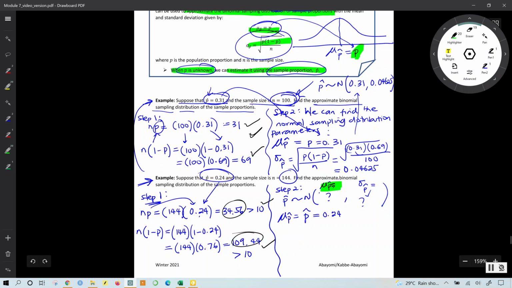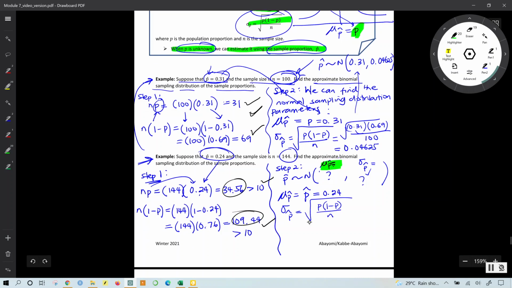And then, once that is known, we can proceed to the standard error of p hat. That will be the square root of p times 1 minus p all over n. So our p again is estimated by 0.24. 1 minus 0.24 is 0.76, divided by n. N in this case is 144, and this is equal to 0.03559.